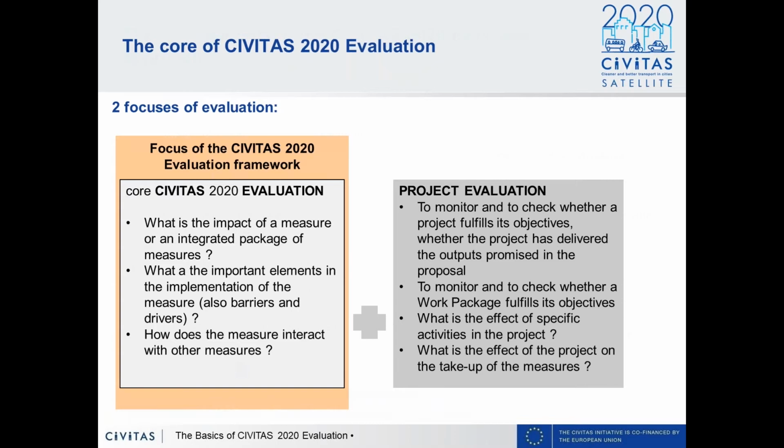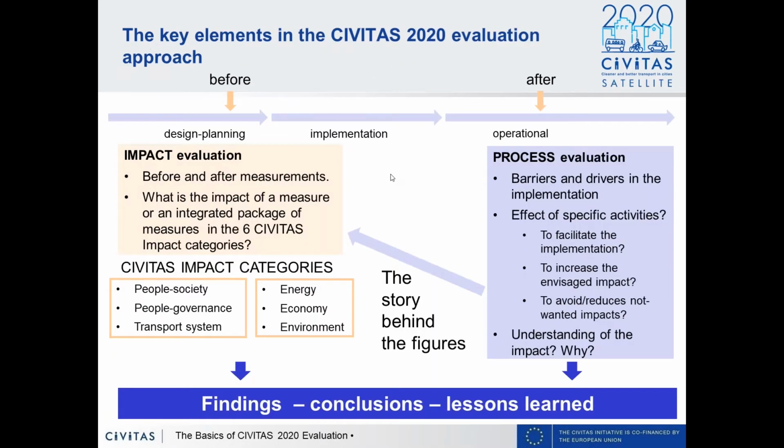Now, the key element, and that's already been so for a long time, is that we bring two approaches together. When measures are implemented, the most straightforward thing we can do is see what the situation was before and what the situation was after.